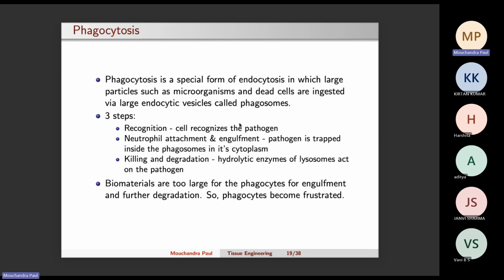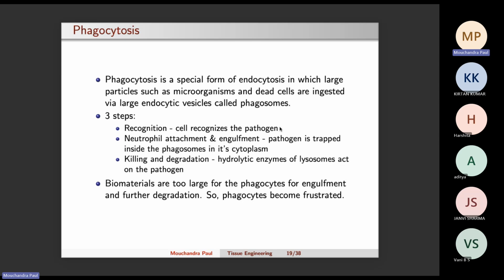The phagocytic cell cannot really use the receptors on it to identify. So here the adaptive immunity component will help them.